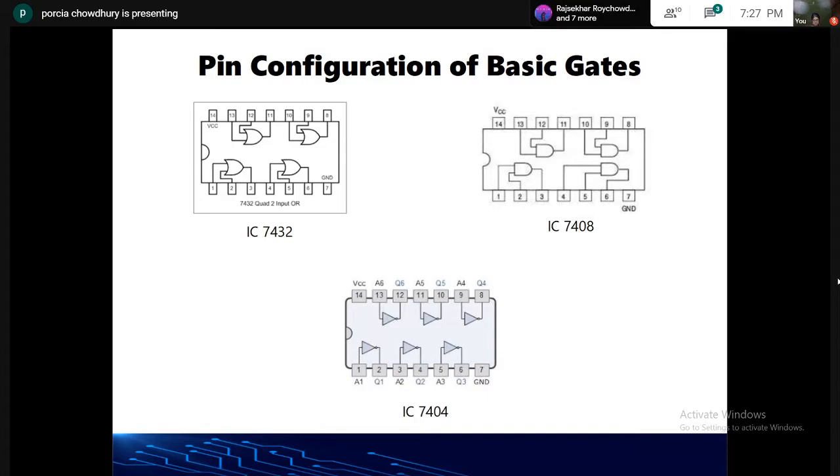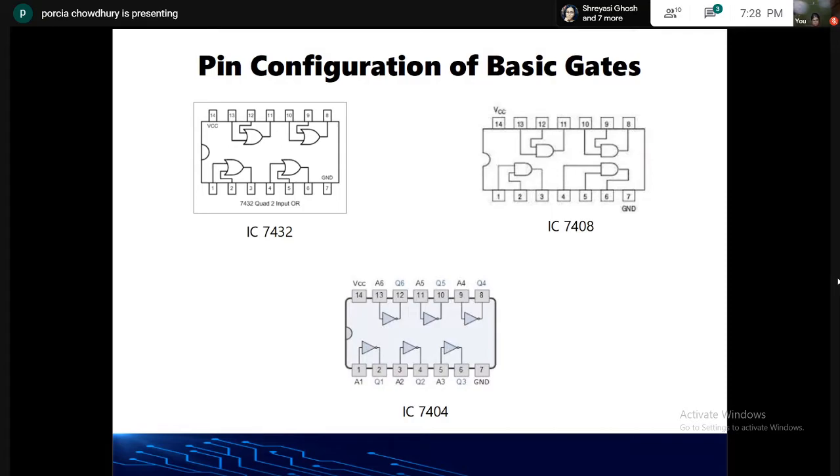Now I will discuss the first two very quickly, that is 32 and 08, OR and AND. Look at the chip configuration carefully. Pins 1 and 2 are input, 3 output; 4 and 5 input, 6 output; 9 and 10 input, 8 output; 12 and 13 input, 11 output. It is the same for 08.